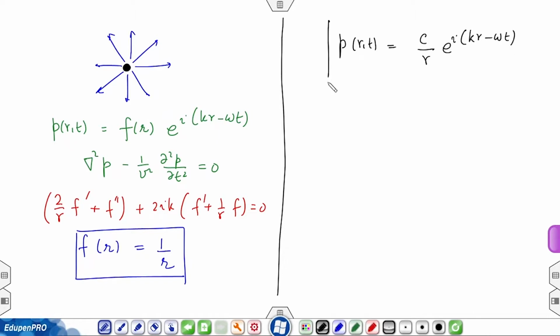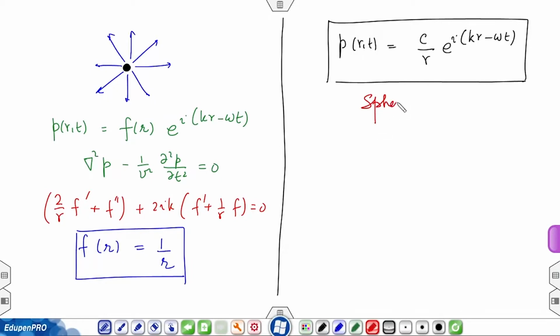So, this is known as the spherical wave. So, as the wave goes farther out, the amplitude decreases as 1 over r.